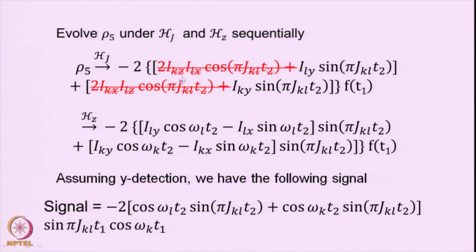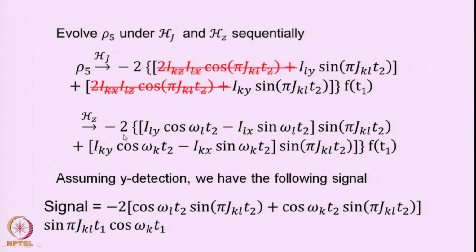These ones will not be observable, because if I take the trace of these operators with ILX or IKX, this will be 0, and therefore these terms we need not consider, and we will consider only these terms which will be observable magnetizations. Next we consider therefore the evolution of this under the shift Hamiltonian.